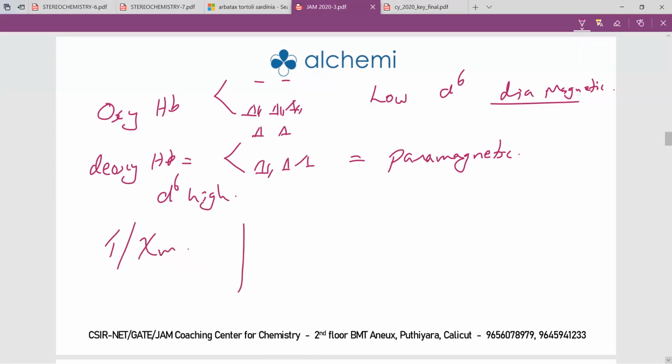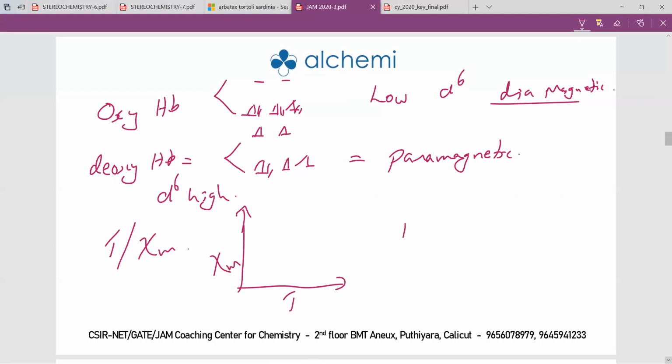Okay, so if you plot the temperature in the x-axis and magnetic property in the y-axis, the magnetic property of the paramagnetic substance will change with temperature.